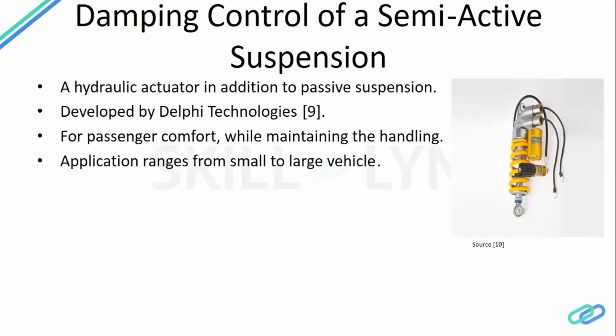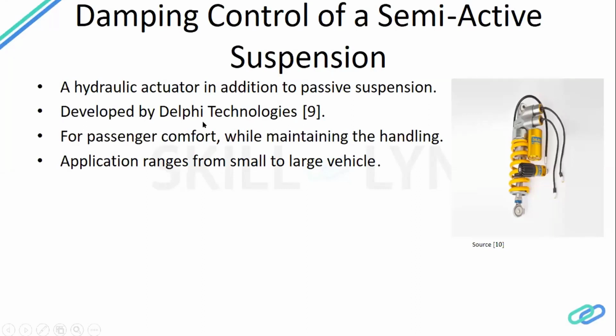But a semi-active suspension has an additional actuator which varies the force to absorb the vibration or disturbance when your vehicle or the wheel is going across it. And then your active suspension actually displaces your system or your chassis to absorb the vibrations.